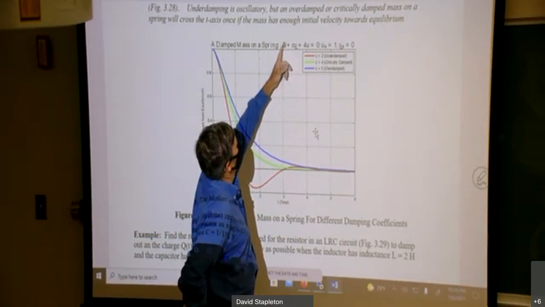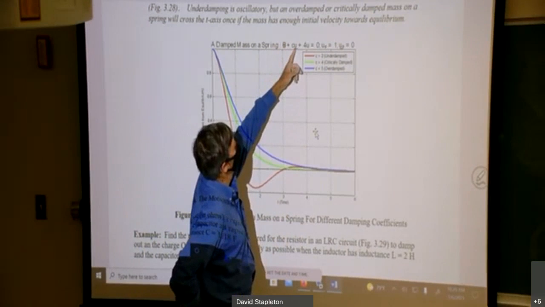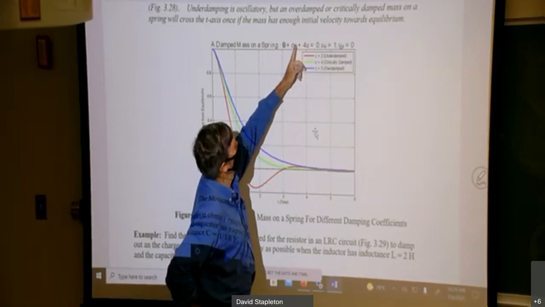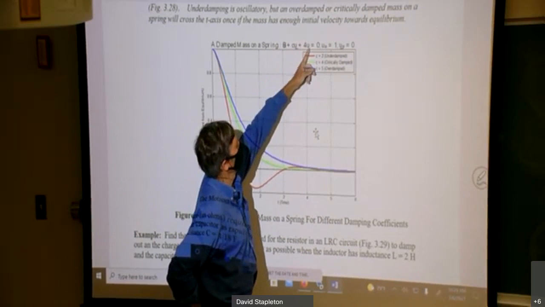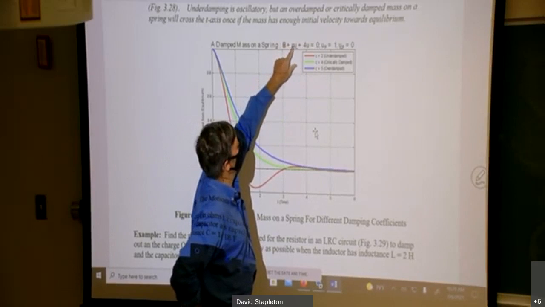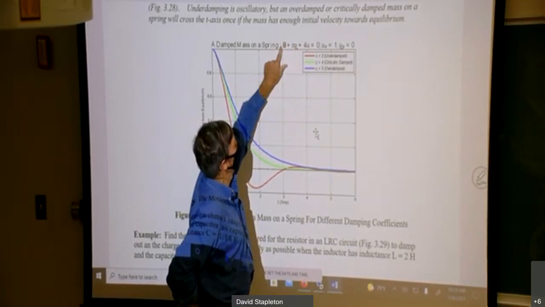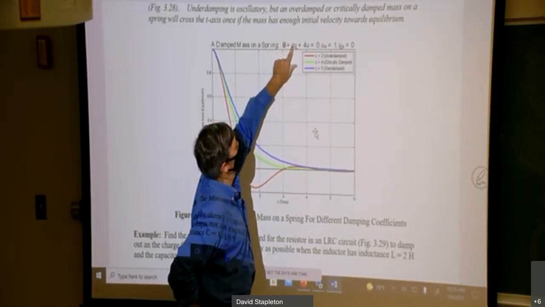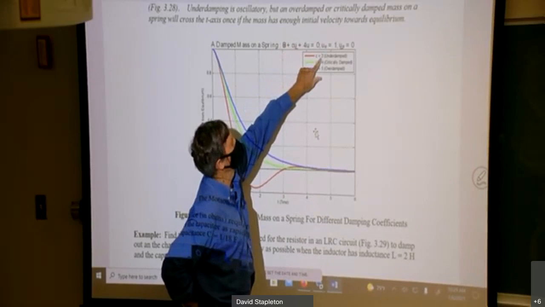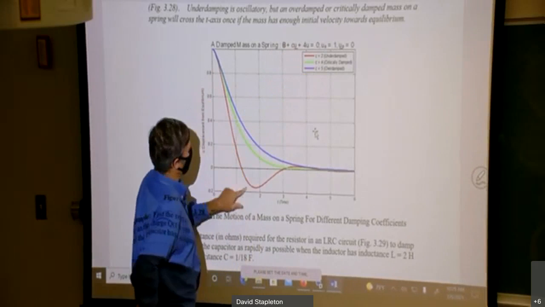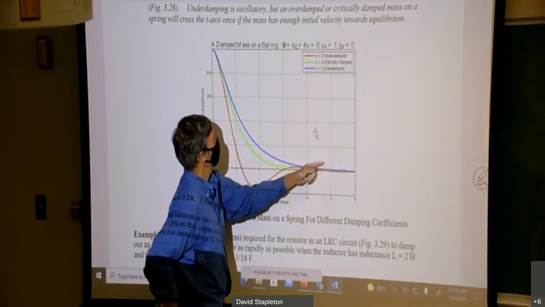So it's u double prime plus Cu prime, where C is the damping coefficient, plus 4u equals 0. Spring constant 4, mass 1. And then we're going to let C be different numbers. If the damping coefficient is 2, not very much damping, this is the solution of the equation. You can see it oscillating.